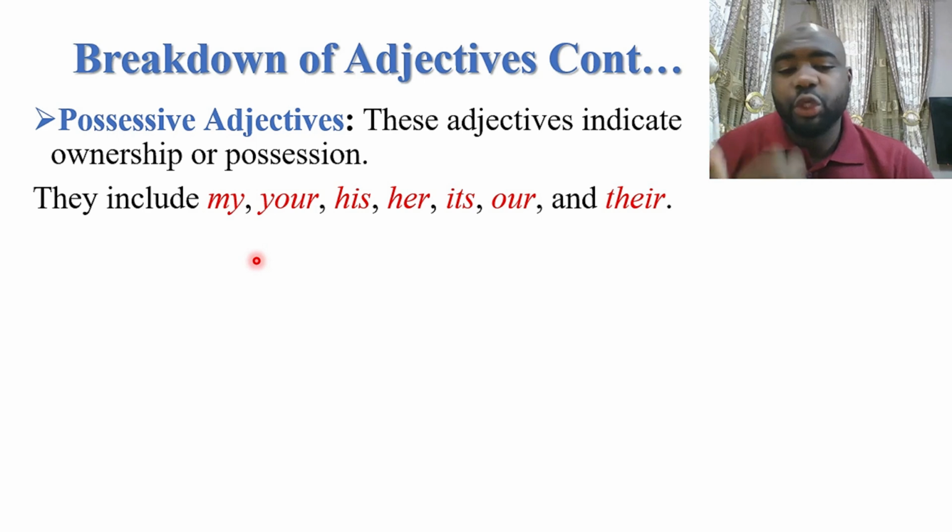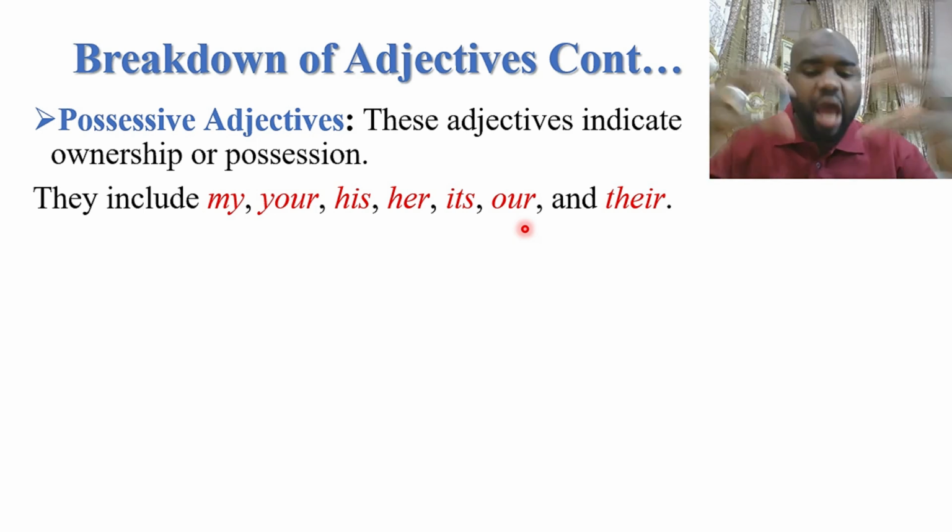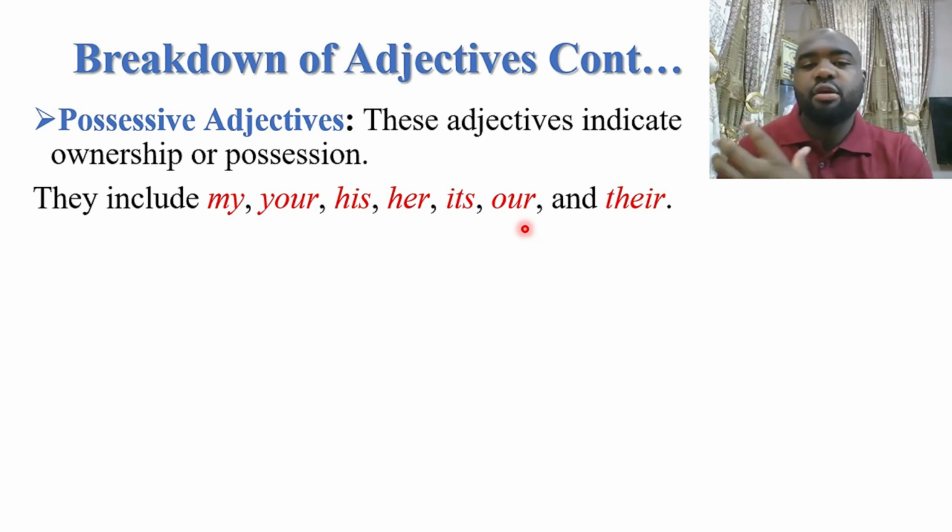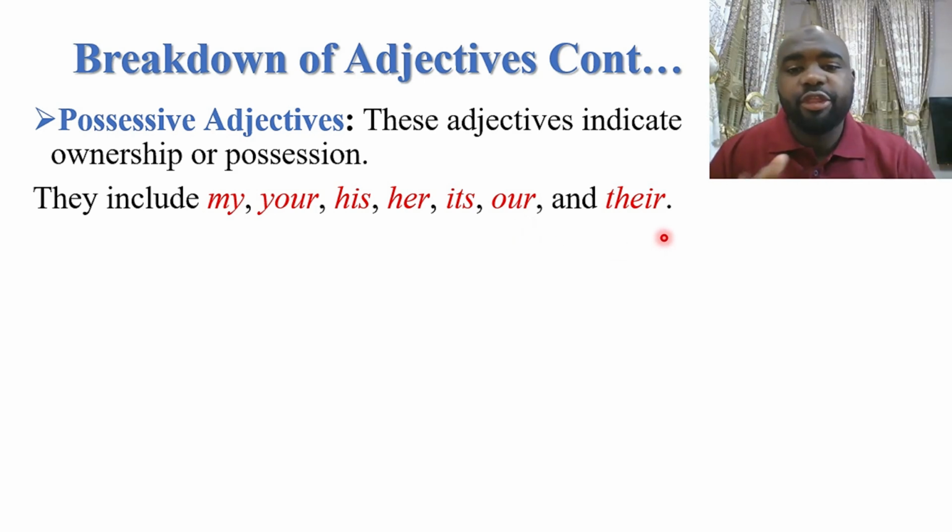These words include my, your, his, her, its for non-living things or inanimate objects, our, plural, not my but our, like my brother, my sister, our.